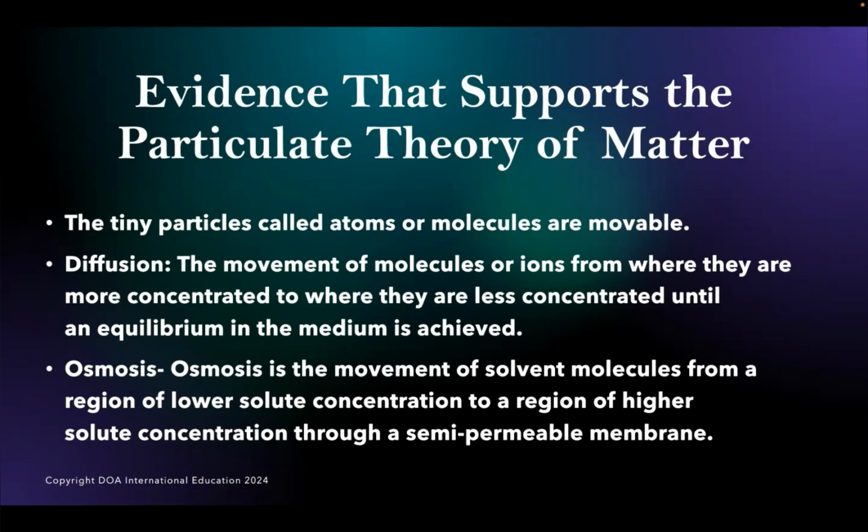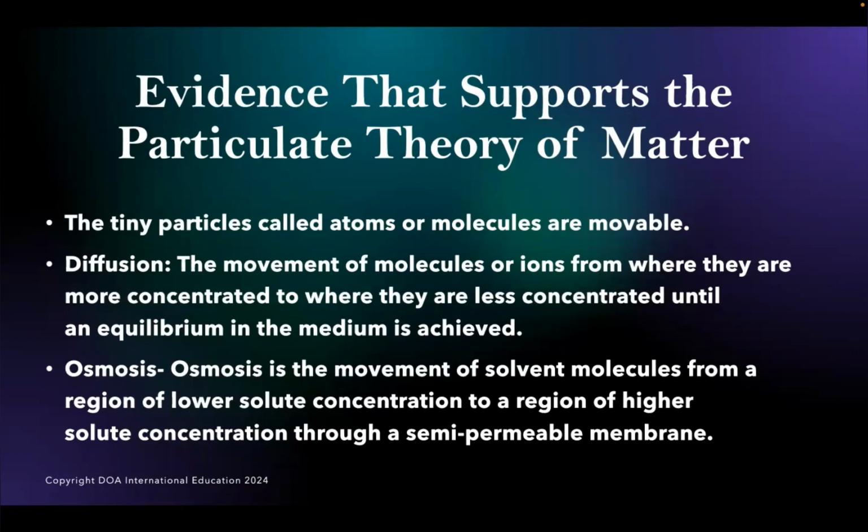Now, diffusion is the movement of molecules or ions from where they are more concentrated, or where there's a lot of these molecules, to where they are less concentrated, or where there's a small amount of these molecules. And these molecules move until we have an equilibrium, or an equal distribution of the molecules or ions.